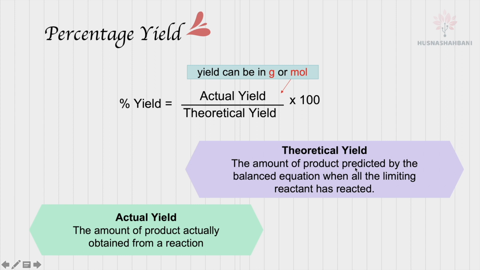Theoretical yield is the amount of product predicted by the balanced equation when all the limiting reactant has reacted, while actual yield is the amount of product actually obtained from the reaction. So basically it's from the actual experiment. Usually the actual yield is given in the question, whether mass or number of moles.